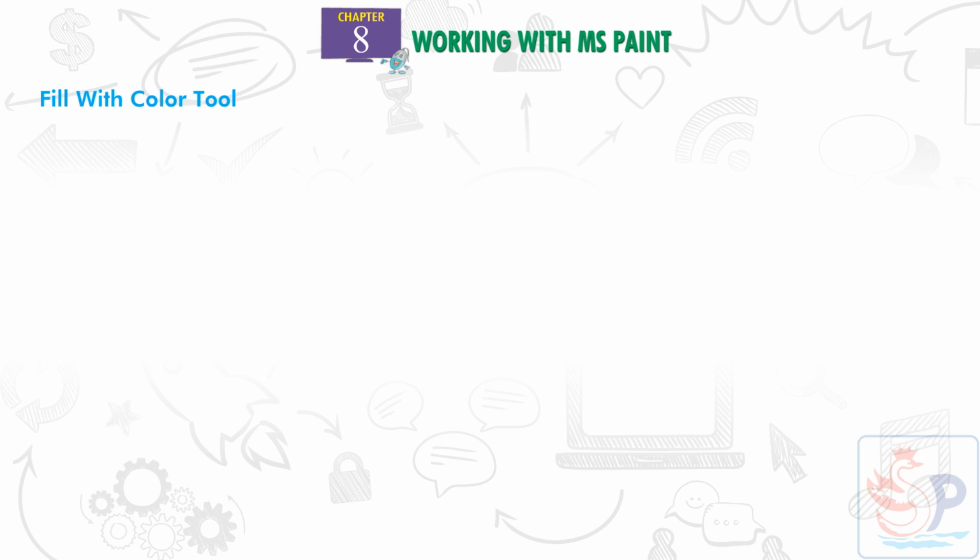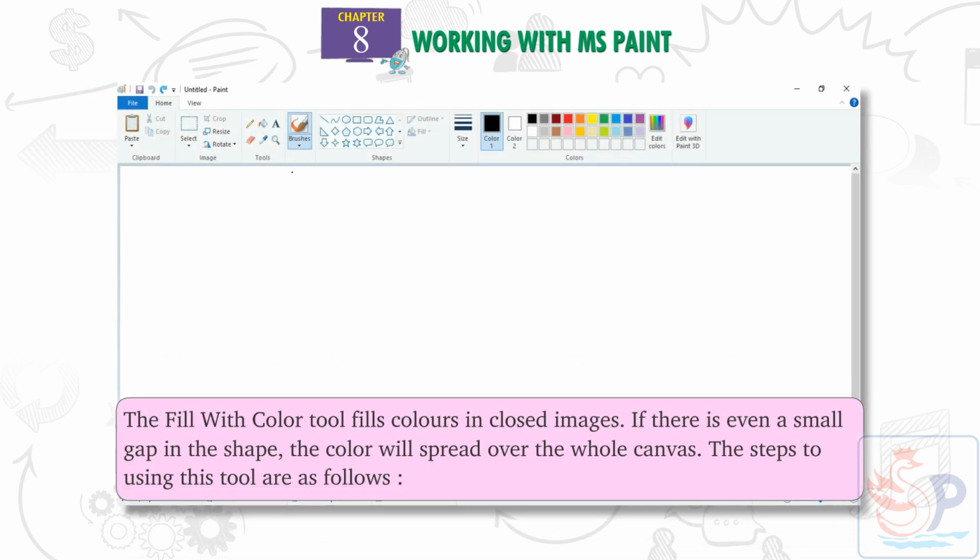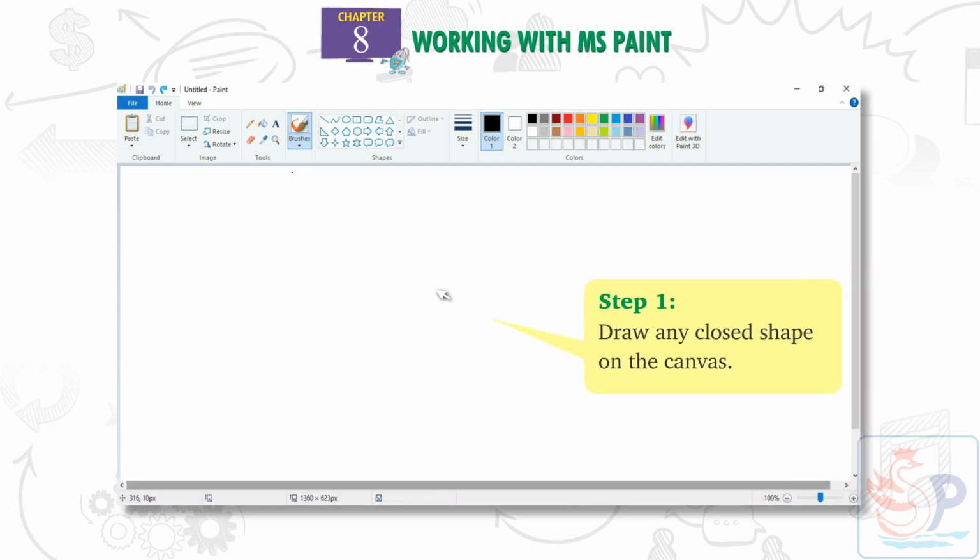Fill with color tool. The Fill with color tool fills colors in closed images. If there is even a small gap in the shape, the color will spread over the whole canvas. The steps to using this tool are as follows. Step 1.